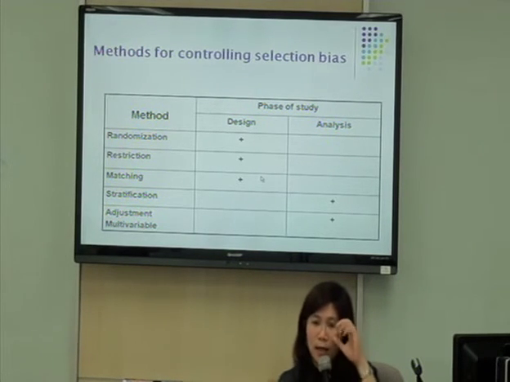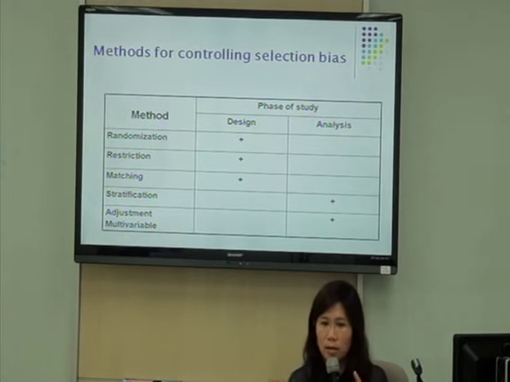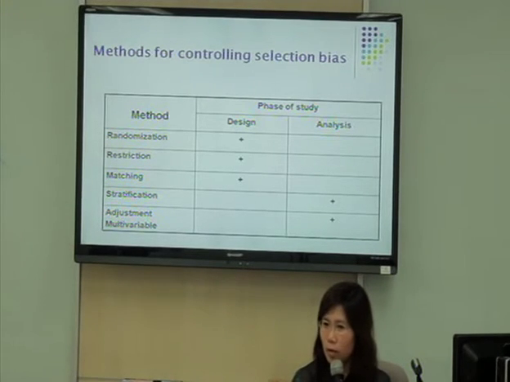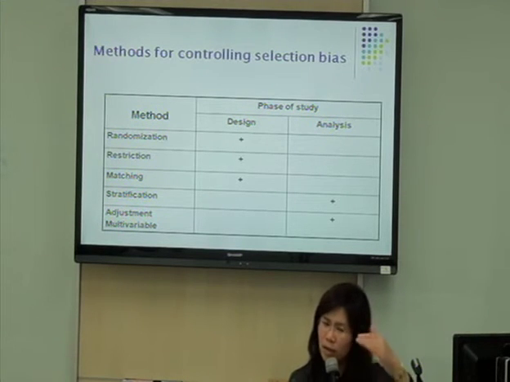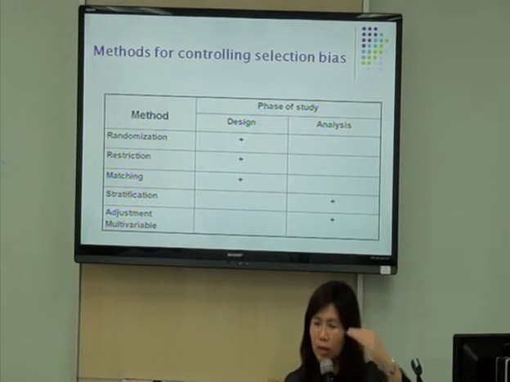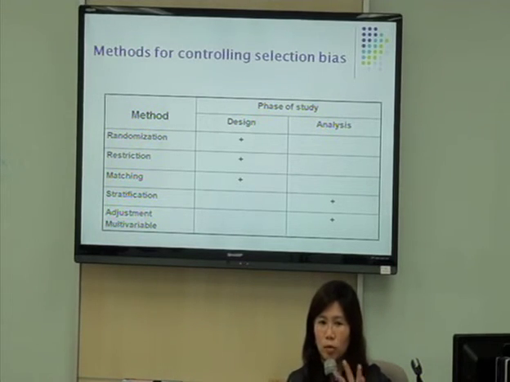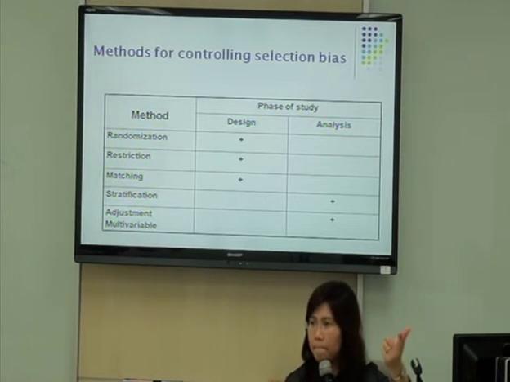The second one is restriction. I mean that if you worry that gender might interfere with susceptibility bias, then in your study you restrict to only men. You did not include women. Restriction means you cut down your sample size to just the group that you are sure will not interfere with susceptibility.